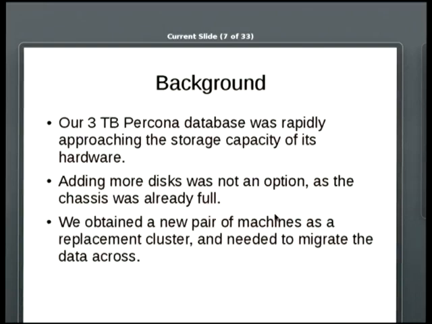The problem that we found was the Percona database was rapidly approaching the storage capacity of the hardware, which couldn't be extended because it was already full of disks. And so we'd obtained a new pair of machines for a replacement cluster, got Pacemaker and DRBD set up there, and the rest of this talk is going to be about the way that we came up with to move the data from the old cluster onto the new cluster.